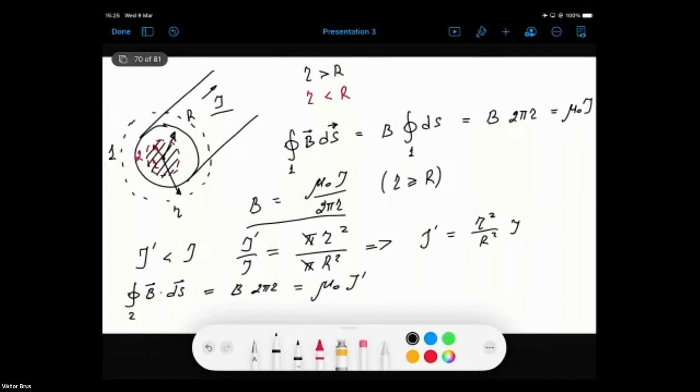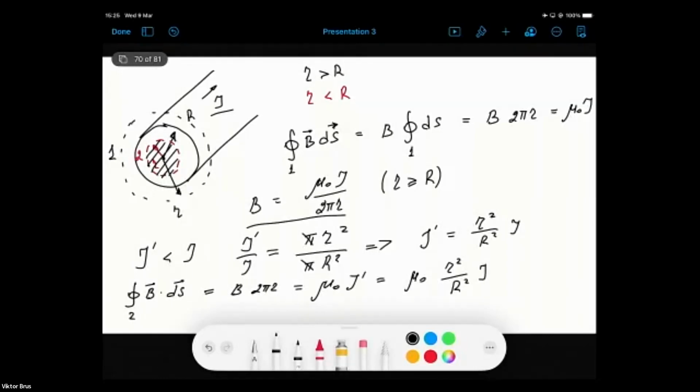So instead of I prime, we can write down the following. So it will be mu naught times r squared divided by R capital squared times I.